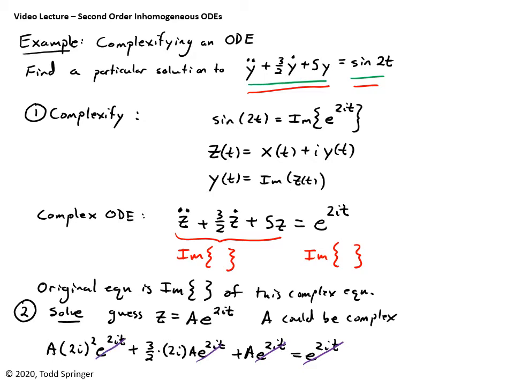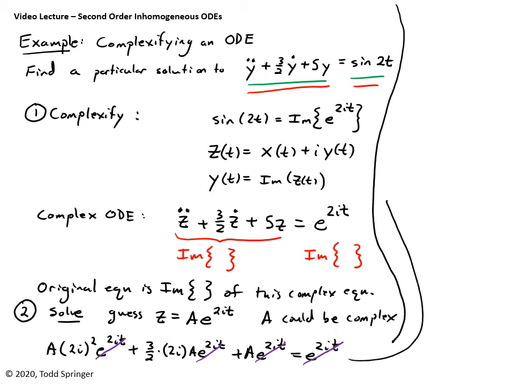So what I get out of this is minus 4a plus 3ia plus 5a equals 1. And so out of this I get a is equal to 1 over 1 plus 3i.